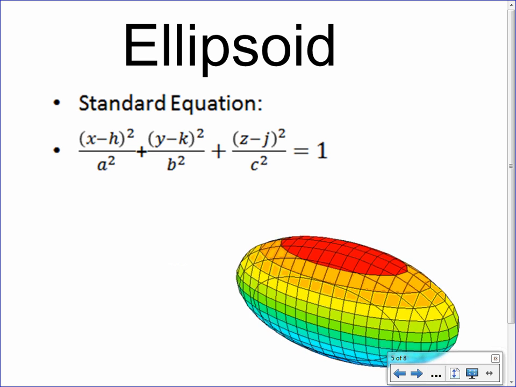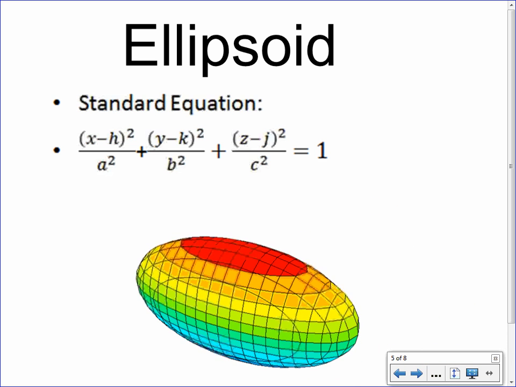Okay, so let's talk about what this is. This is the standard equation. We talk about these 3-dimensional figures by their traces. So we have an XY trace, an XZ trace, and a YZ trace. So there's 3 different traces that make up the overlay of our figure.